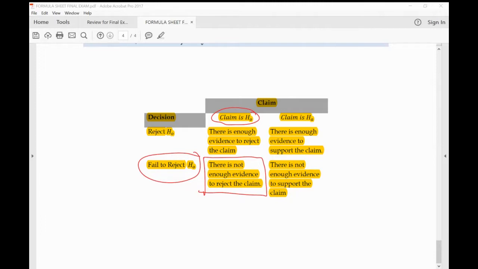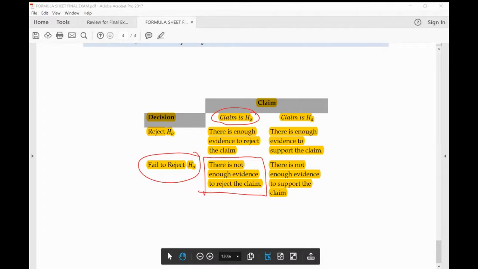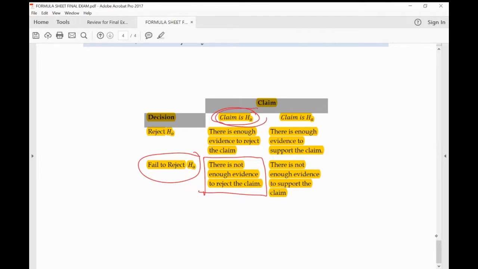And we rejected that, right? So when I look at my cheat sheet, it says if my claim is the null, and we rejected it, then we're going to say there is enough evidence to reject the claim. So again, I'm looking at this part right there. There is enough evidence to reject the claim.